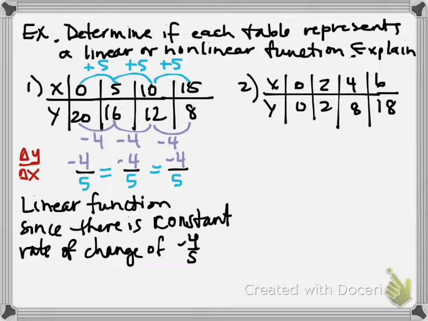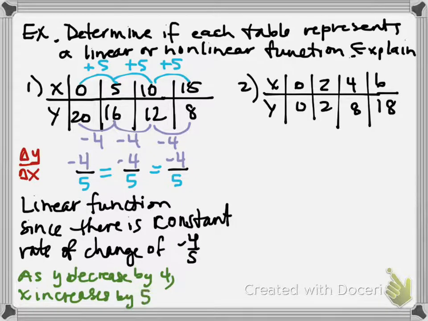Now, the book also explains it slightly differently. Instead of writing the constant rate of change as negative 4/5, what they said, and this is an option for you guys, is: as y increases, or in this case decreases, by 4, x increases by 5.